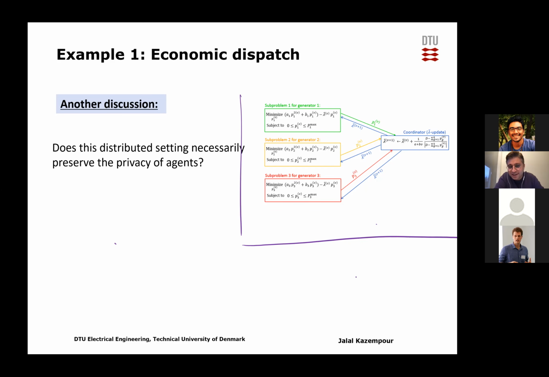Any initial thought coming to your mind or not? So my first tip is that maybe it's not a good idea to write in our papers that our distributed optimization algorithm guarantees privacy preserving. Maybe it's not a 100% accurate statement.